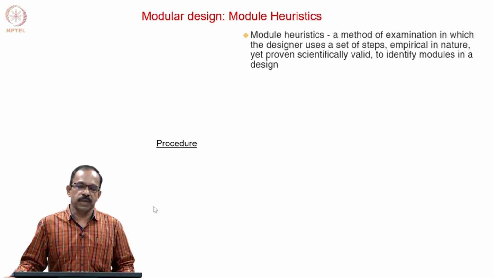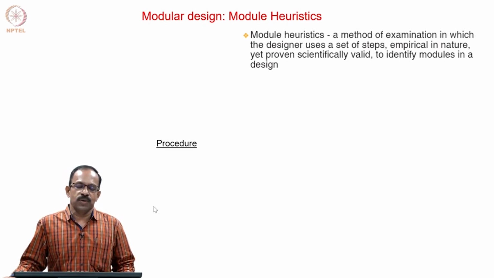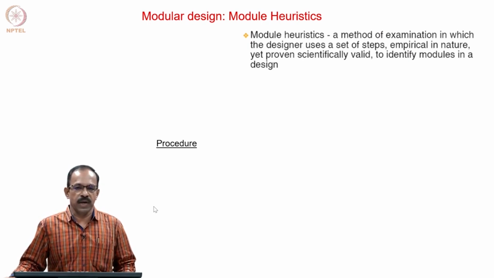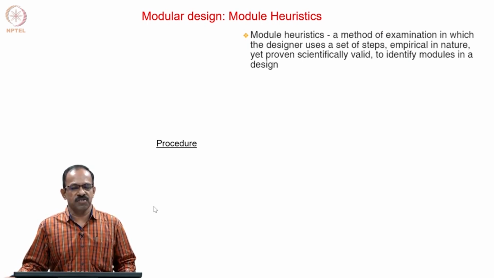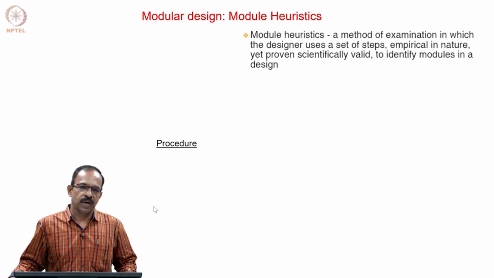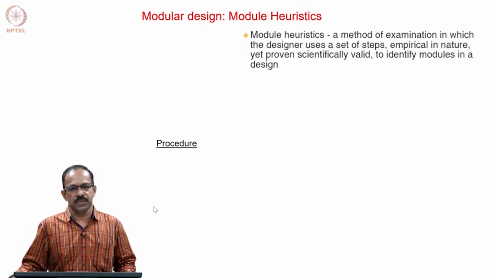So, one of the methods we discussed in the last class was where we try to group the functions which have something common, some flows common, and then use a common sense approach to get the modules identified. And then we found that it has some limitations because there are no specific rules to identify the modules, and many times we may end up with wrong answers using this method.